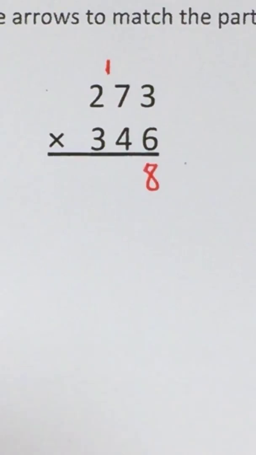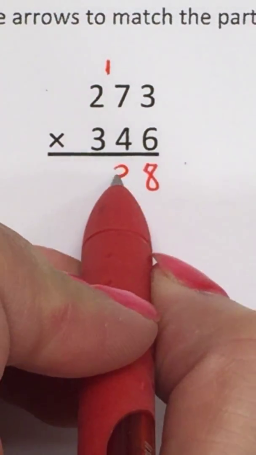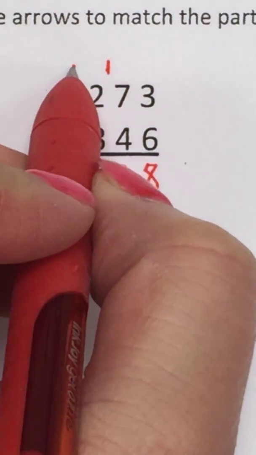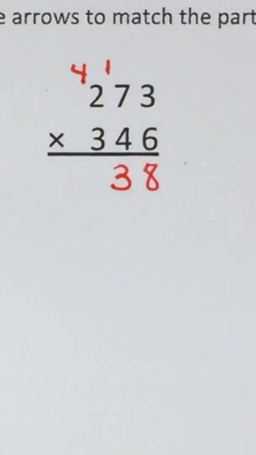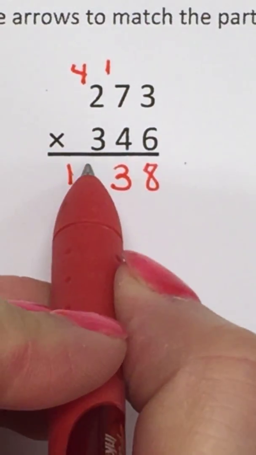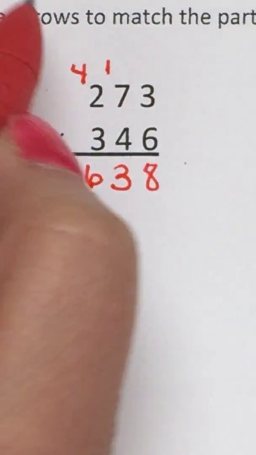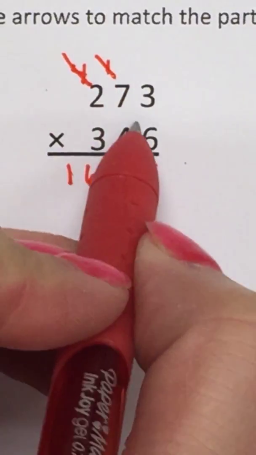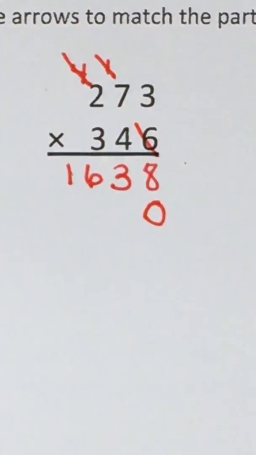Plus 1 is 43. I put down my 3. I carry my 4. 6 times 2 is 12. 12 plus 4 is 16.